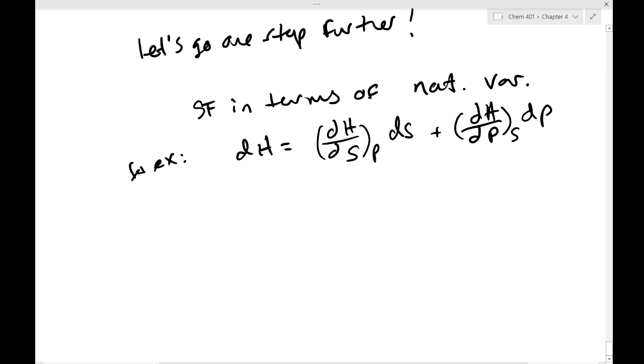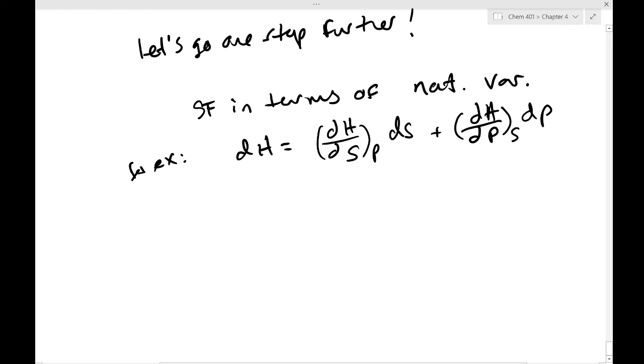Okay, so you can form this from any of the state functions in terms of their natural variables by knowing the natural variables for the state function itself. Okay, so you can form this for H, you can form it for U, you can form it for G, etc. Okay, let's just use H for now.